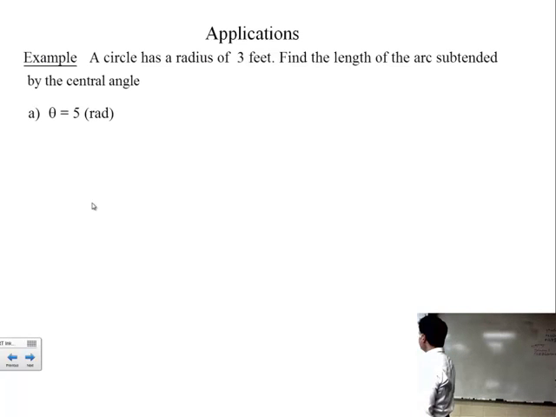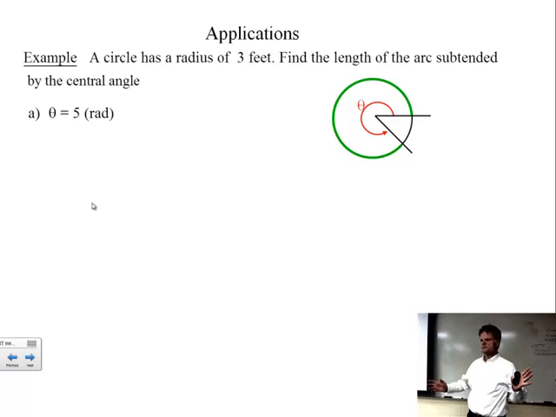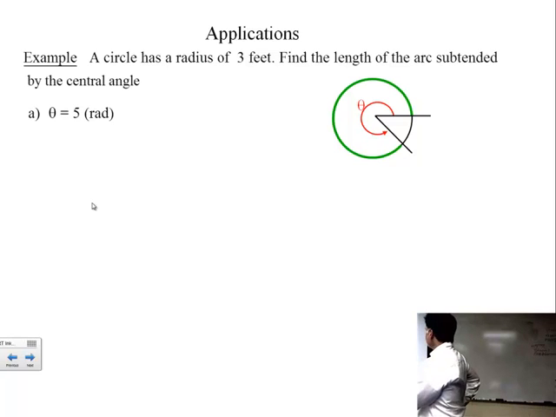So here's 5 radians. 2 pi radians is 1 revolution, and that's 6.28. So 5 is going to be a bit less than that. It's going to be about there. We're asking for the length of the green arc.